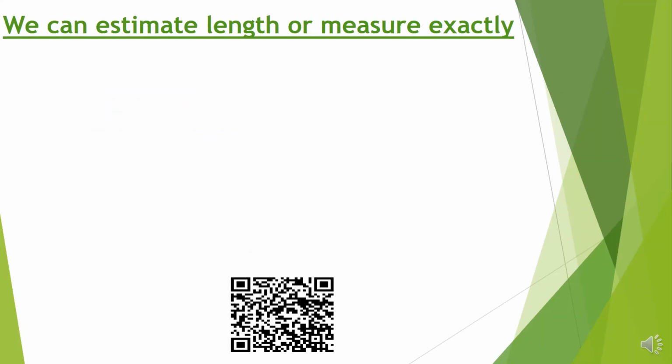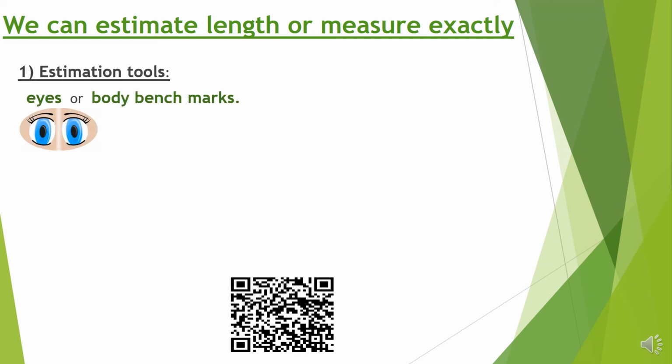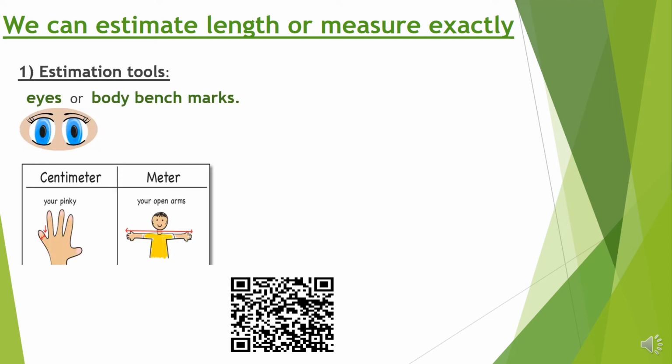We can estimate length or measure exactly. So we have two ways to measure length. Maybe by estimation. By estimation, it means I can look at a pen and tell my friend that it's about 10 centimeters, but I didn't measure it. So I can use my eyes or my body benchmark.